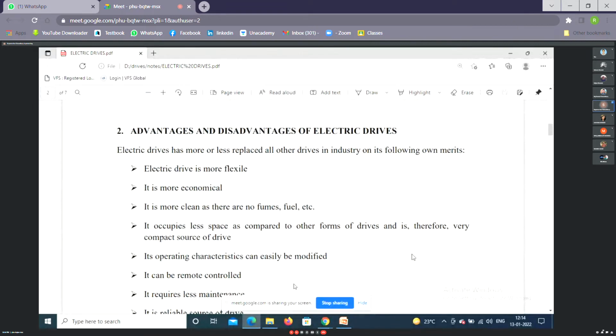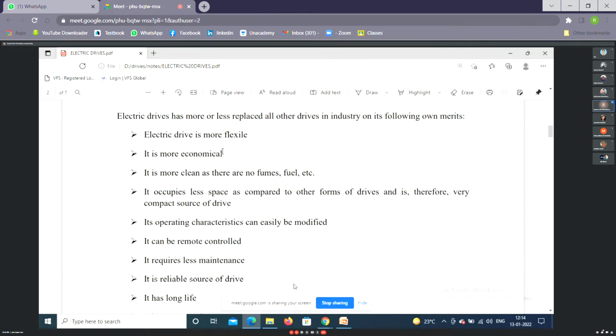Now, in a nutshell, what are the advantages and disadvantages of electric drives? These are the advantages. Electric drive is flexible. It is more economical. It is cleaner, as there are no fumes, fuels, etc. When we are creating electricity, obviously there are fumes and other things, but that is localized and can be dealt with much more easily and effectively.